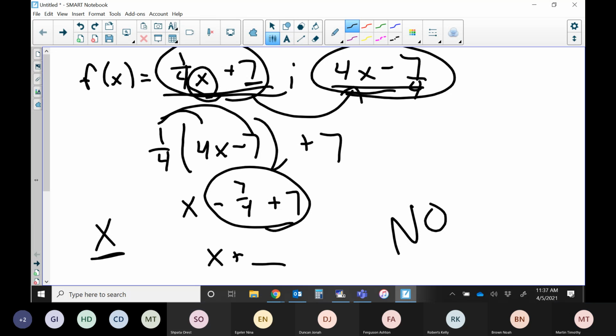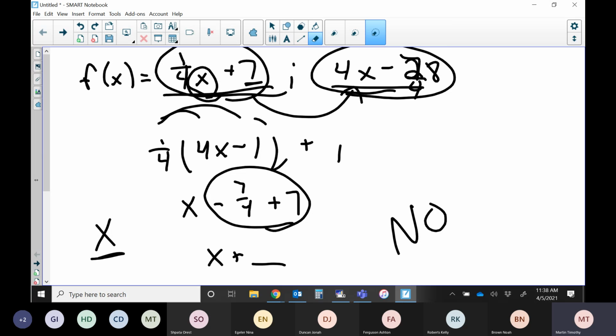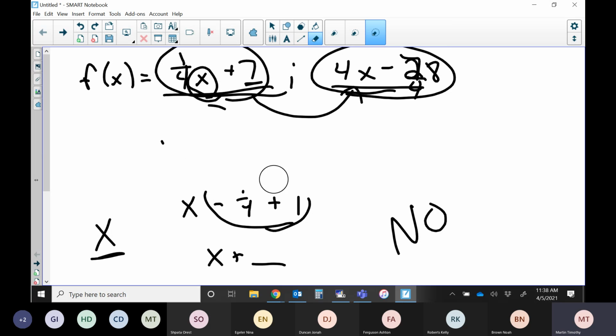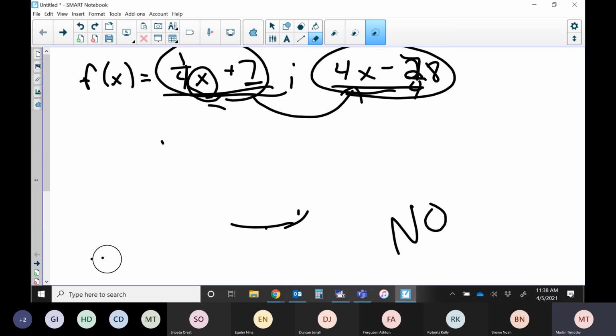No. If this would have been a 28, sorry. If that would have been a 28 back there, then that would have worked, because at least it would have worked for the first one. We have to test to see if it was.